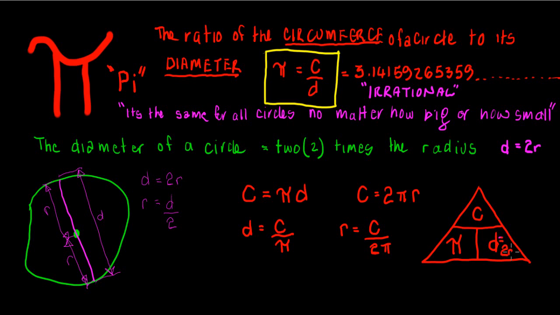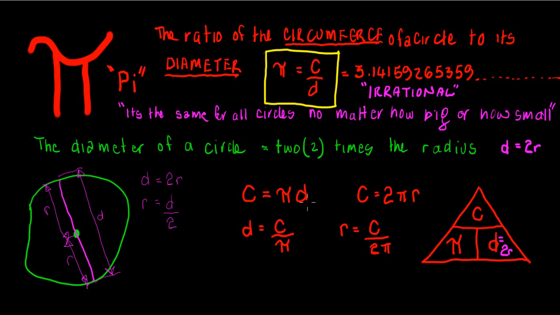So using the little triangle, you can work out all your formulas, and there are other ones where this little triangle works. If you want to find out what pi is, put your finger over pi, and it's equal to C over d, or C over 2r.